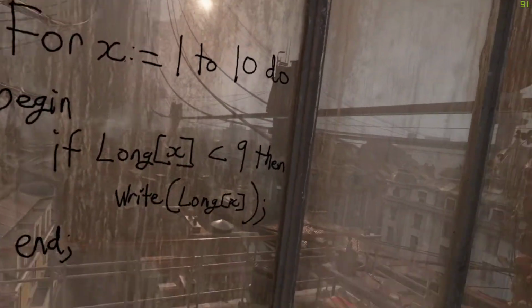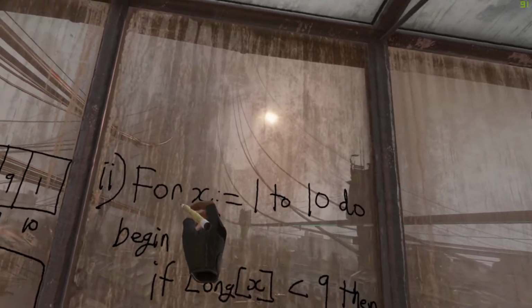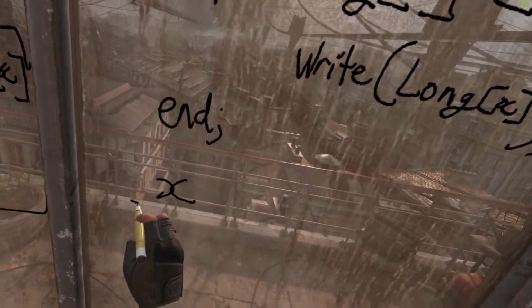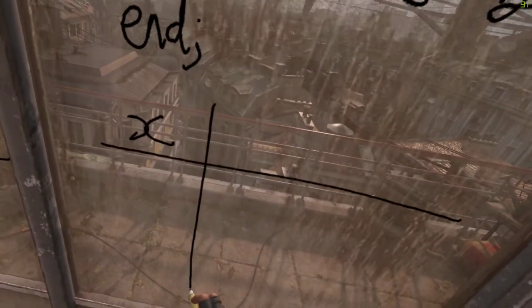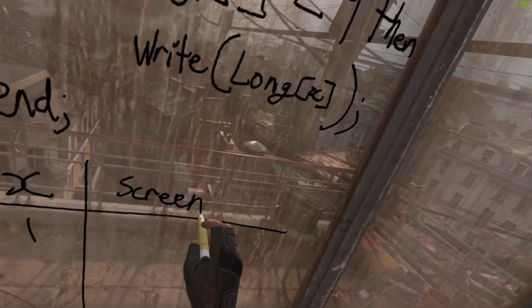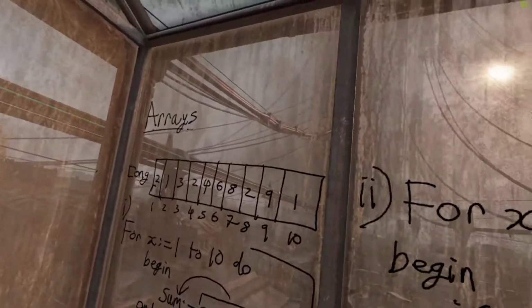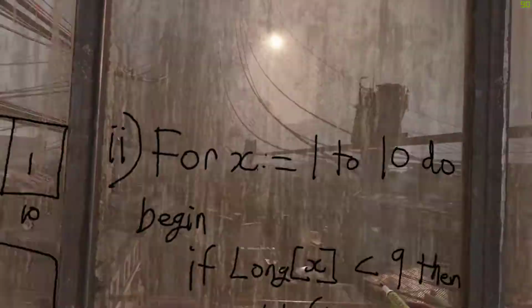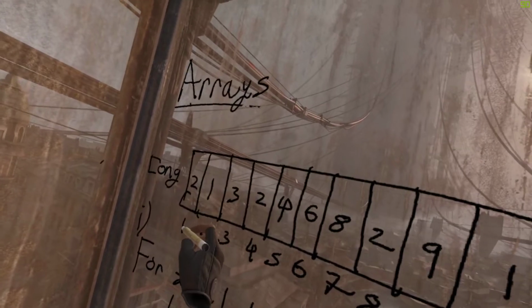All right, so let's see how it works. We go in the loop the very first time, so x is 1. Let's say this is the output screen here. So x is 1. We check if long location 1 is less than 9. Long location 1, that's number 2. Is 2 less than 9?